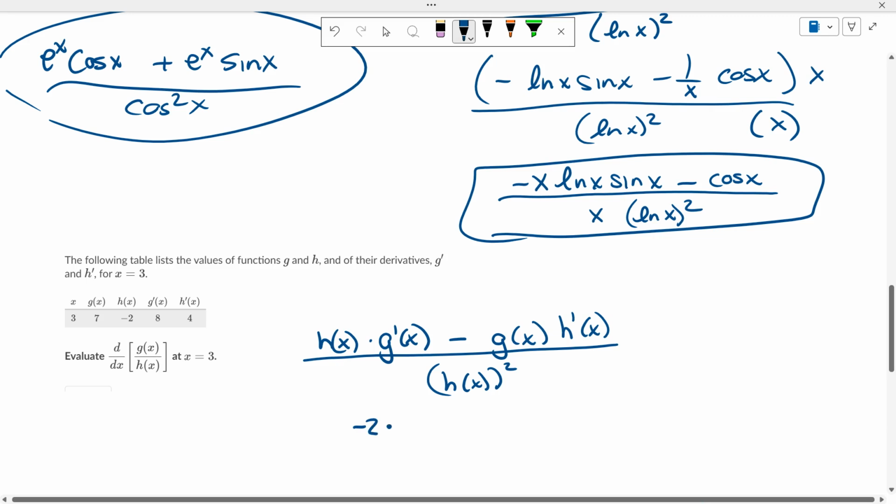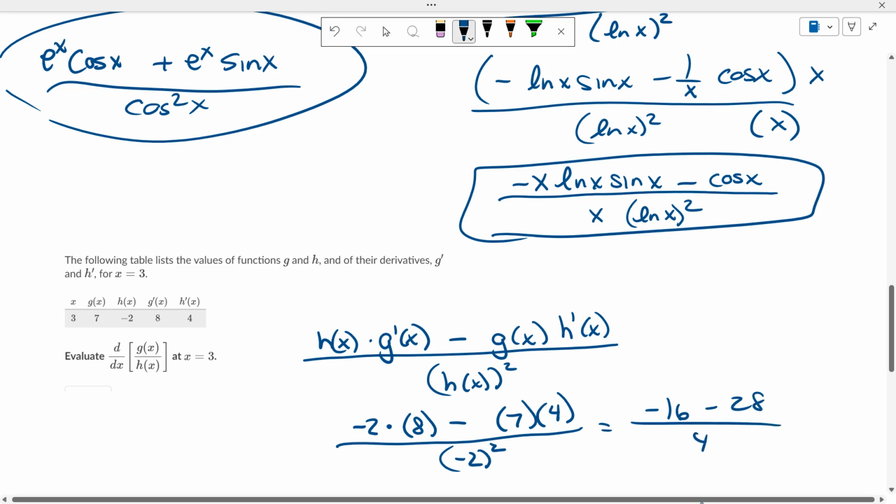Negative 2 times 8 minus 7 times 4 over negative 2 squared. Negative 16 minus 28 over 4, which is negative 44 over 4, which is negative 11.